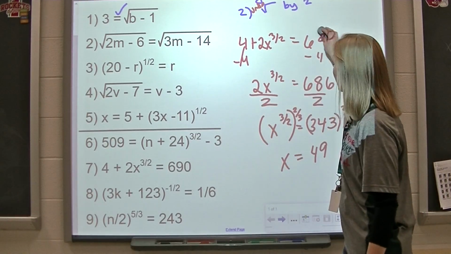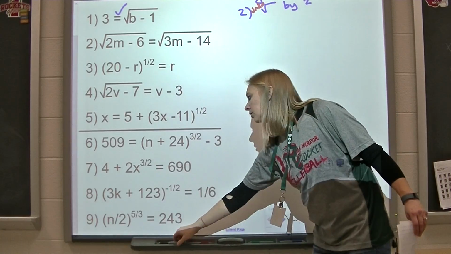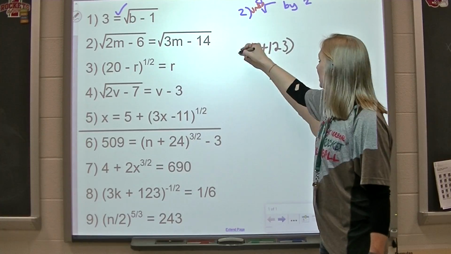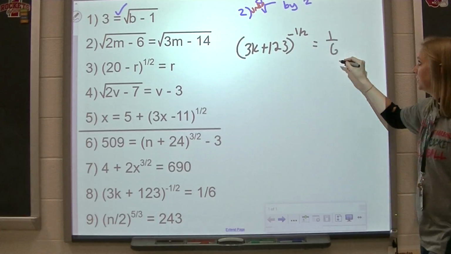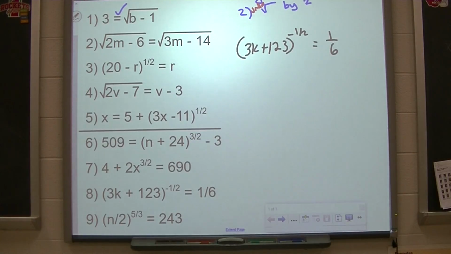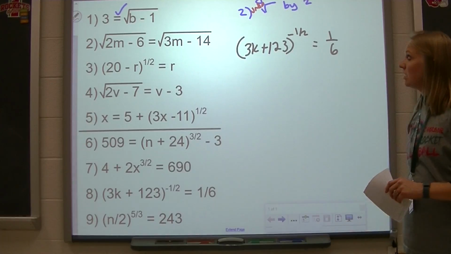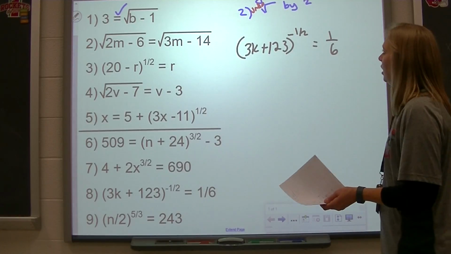Okay, let's try 8. Alright, so we have 3k plus 123 to the negative 1/2 power, and that equals 1/6. Here, our group that's raised to the radical is already isolated. You could make it a fraction, do 1 over 3k plus 123 to the 1/2 power, but it's really not necessary in this case.